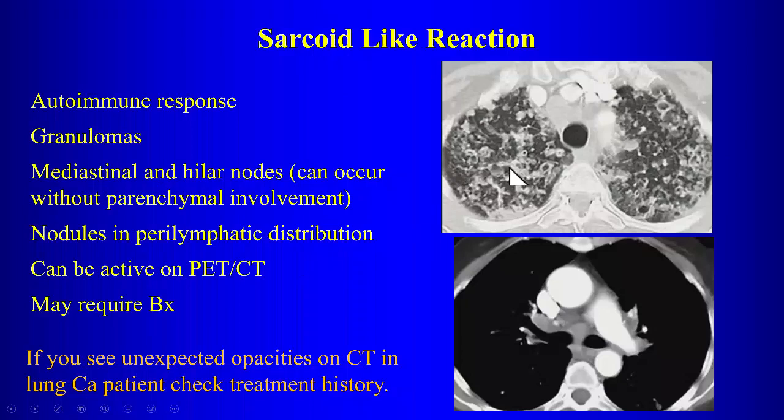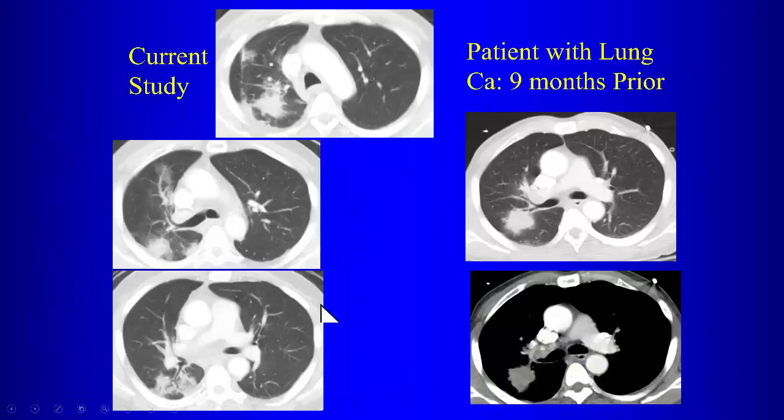But these are other things that you might consider, especially if these occur rather suddenly in a patient who is on immunotherapy. So if you see unexpected opacities on CT in a lung cancer patient, check the treatment history because these reactions to immunotherapy might be something else you might think about in your differential diagnosis. So not all opacities in these patients with lung cancer are actually lung cancer.